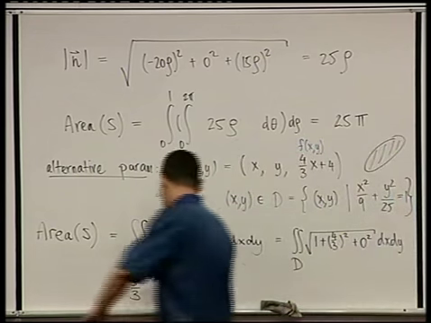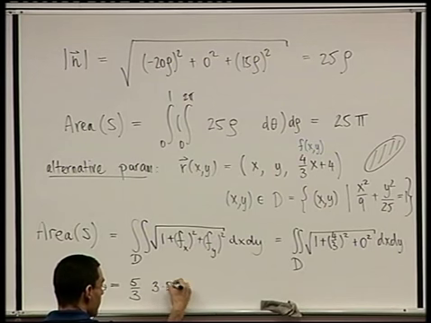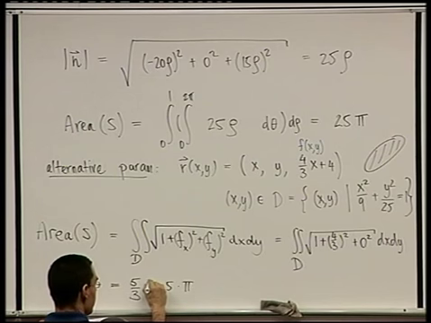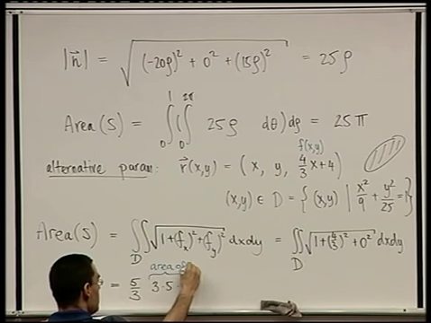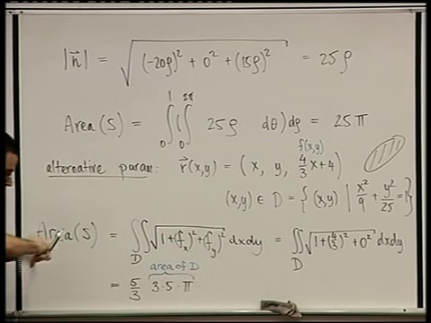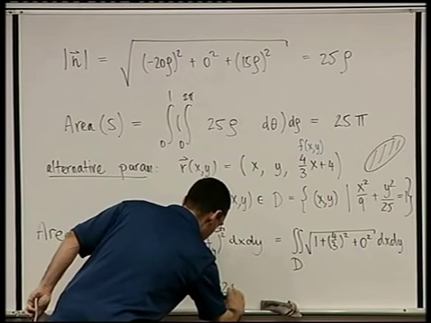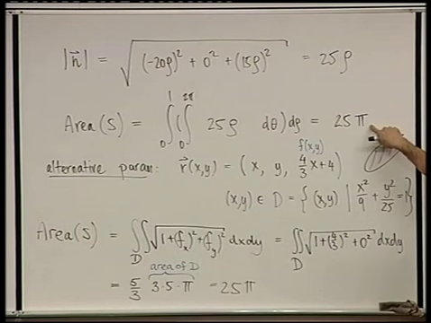So we have 5 over 3 times 3 times 5 times pi, where this is just the area of D. And after canceling out the 3's, we get 25 pi, just like in the previous solution.